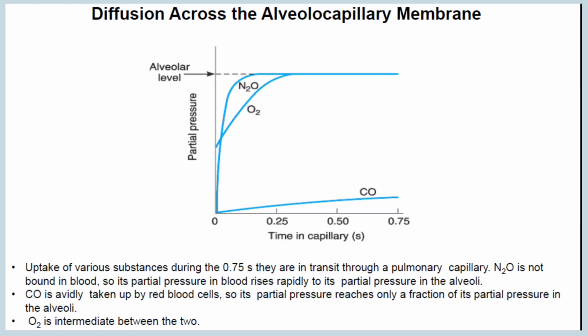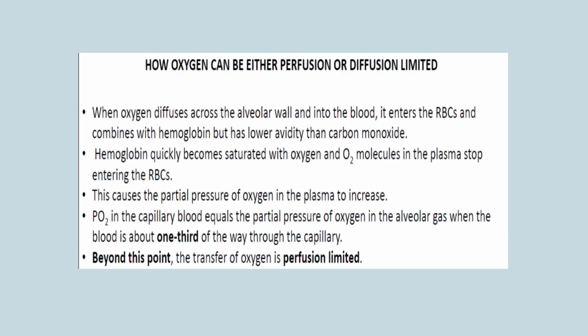N2O is not bound to the blood, so its partial pressure in blood rises rapidly to its partial pressure in the alveoli, so it comes to equilibrium very rapidly, whereas carbon monoxide is avidly taken up by the red blood cells, so its partial pressure always remains a fraction of that in the alveoli, and oxygen is intermediate between these two. Now, how oxygen can be either perfusion or diffusion limited, I have already told you.